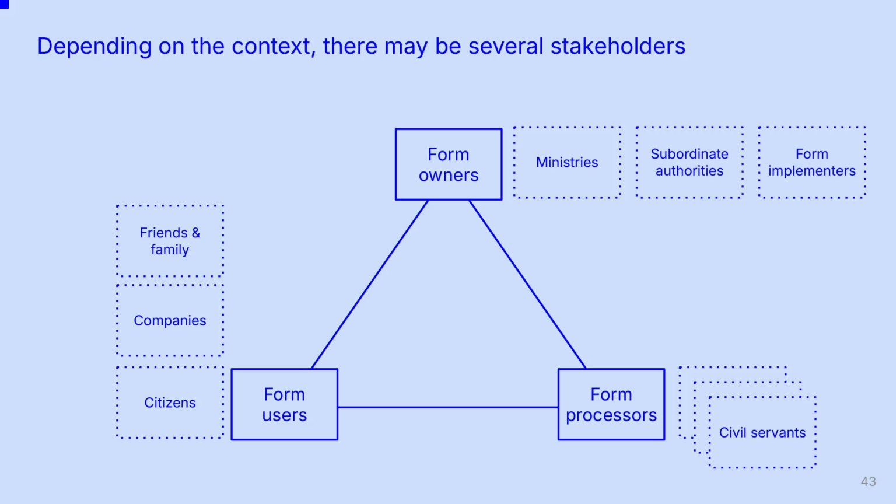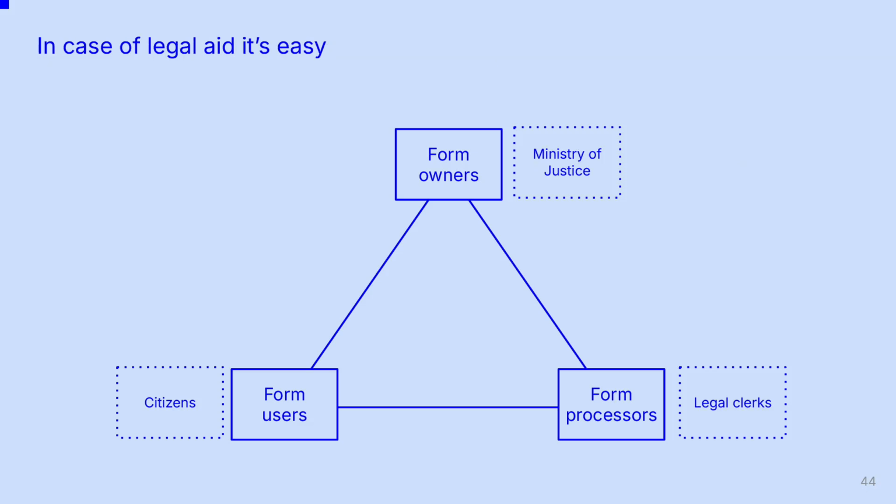And for the form processes, it can be one civil servant, but if it's a more complicated application, it can also be several. And for the form owners, there are often many. So in Germany, we often have the ministries, then the subordinate authorities, and then a different agency that's actually implementing a form. In the legal aid case, it's relatively easy.